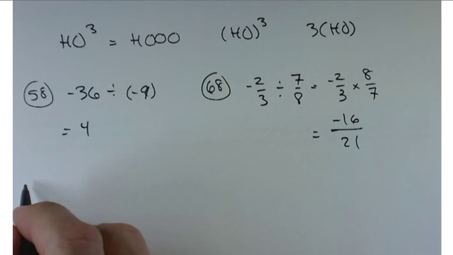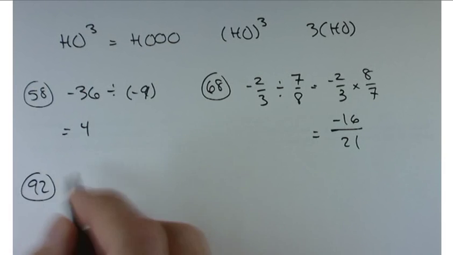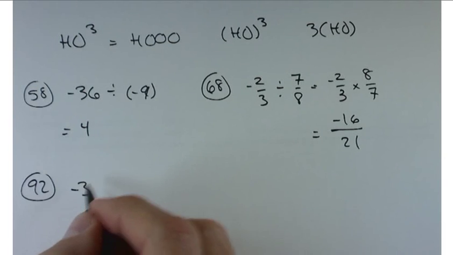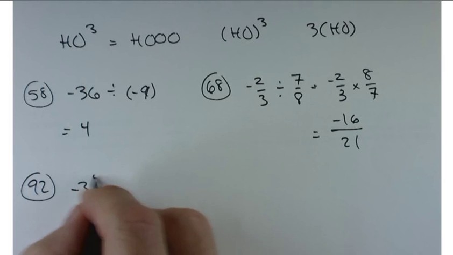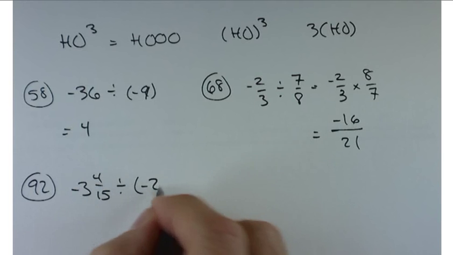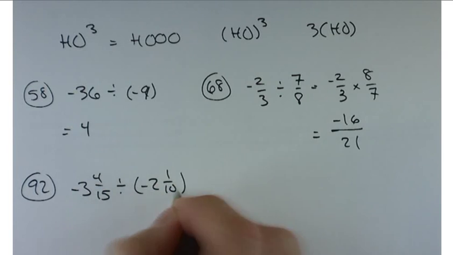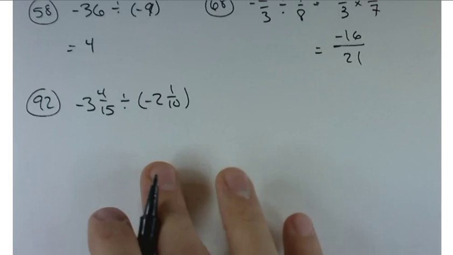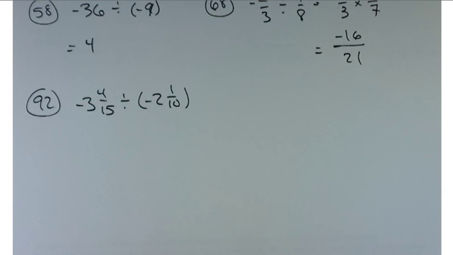All right. Let's keep going with problem number 92. Negative 3 and 4/15 divided by negative 2 and 1/10. How do you think we should start this one? Yeah, good. Let's start by making them improper fractions.